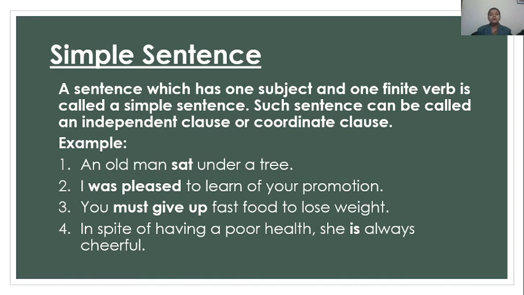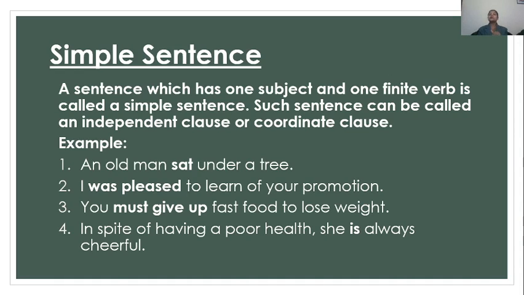So first of all, we will learn what are simple sentences. Children, a sentence which has one subject and one finite verb is called a simple sentence. Very easy. A sentence that has only one subject and one finite verb, that is known as a simple sentence. Clear?